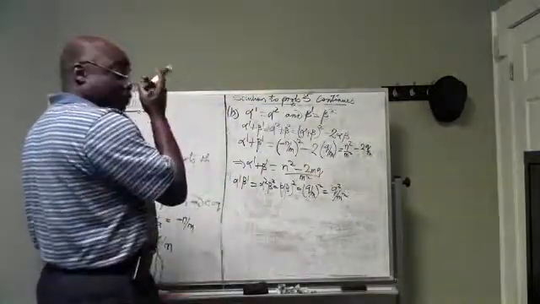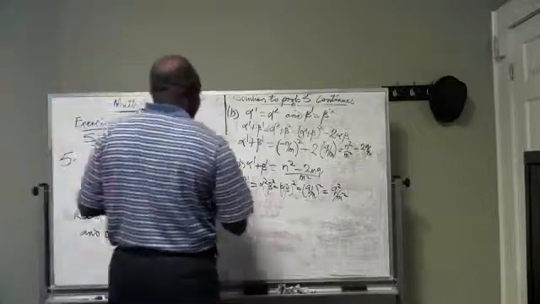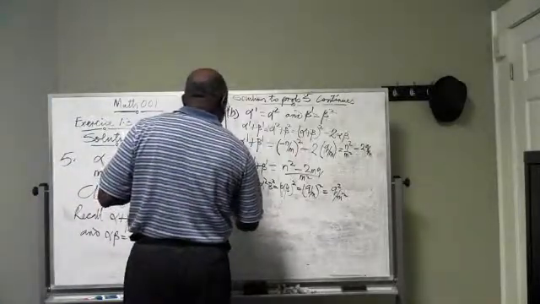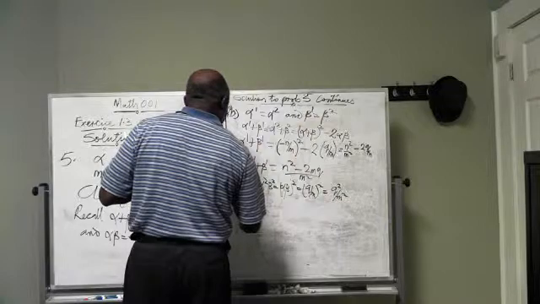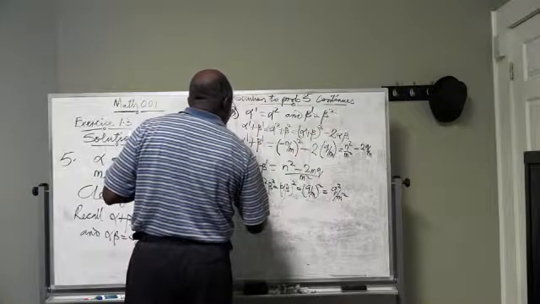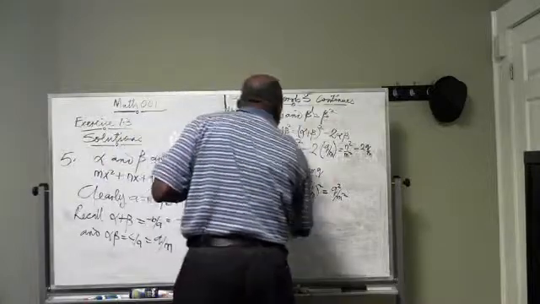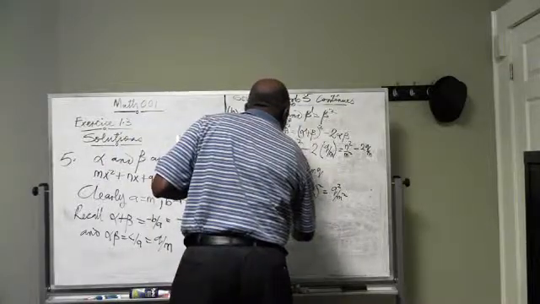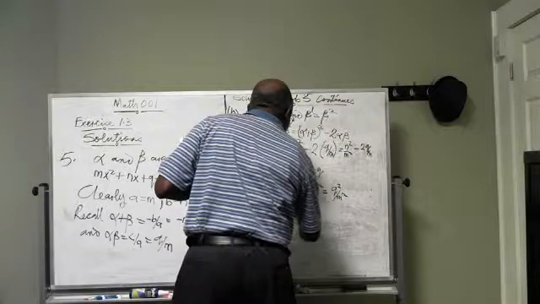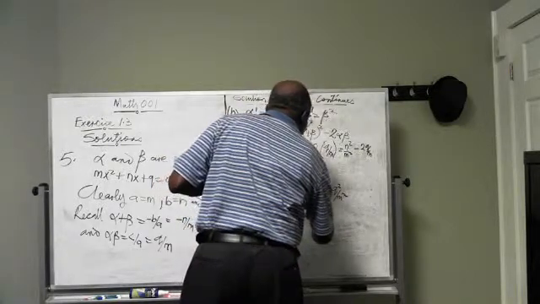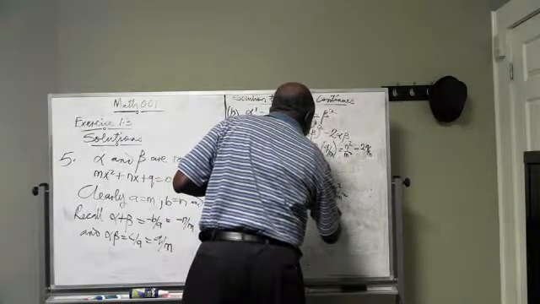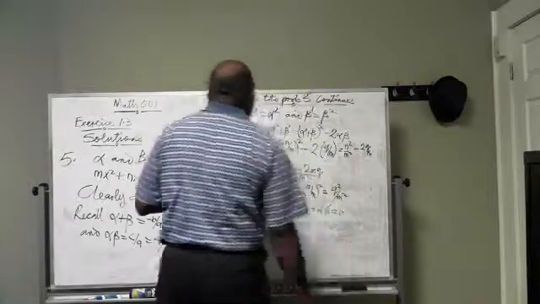And our new equation will be given by x squared minus into alpha prime plus beta prime x plus alpha prime beta prime equals 0.